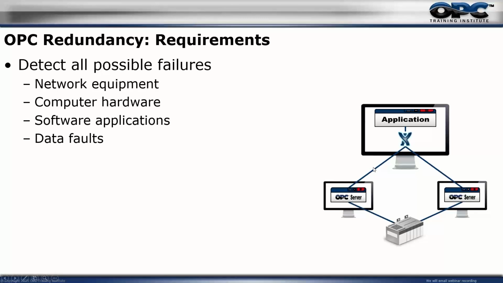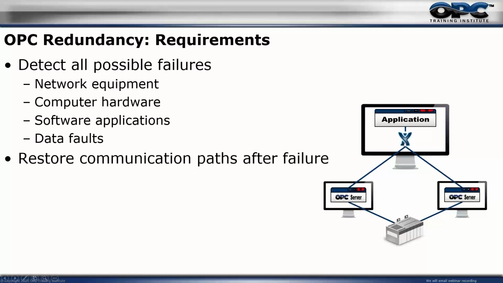Now, that failure could be with the network, it could be with the computer hardware, it could be with the software, or it could just be that your data is not changing, or maybe did change and it shouldn't have. So in that case, as an example, this OPC server is perfectly fine, but you now need to fail over to a standby path because there's something wrong with the data. So this application needs to be able to detect all the possible failures.